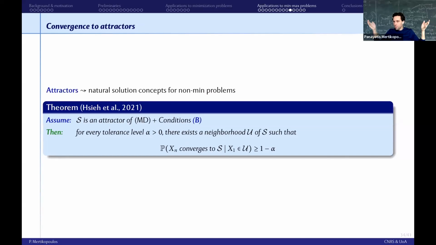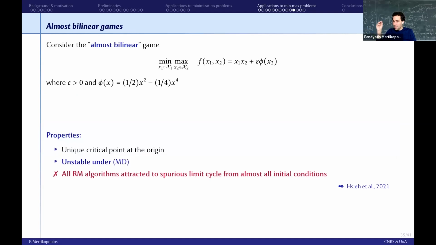The problem that we realized early on was that in the min-max case, there are spurious such attractors. There are attractors like that which are traps, which do not contain any critical point whatsoever. And unfortunately, they are embarrassingly simple to construct. So you take the original bilinear game, which again is the simplest min-max game that you can imagine.